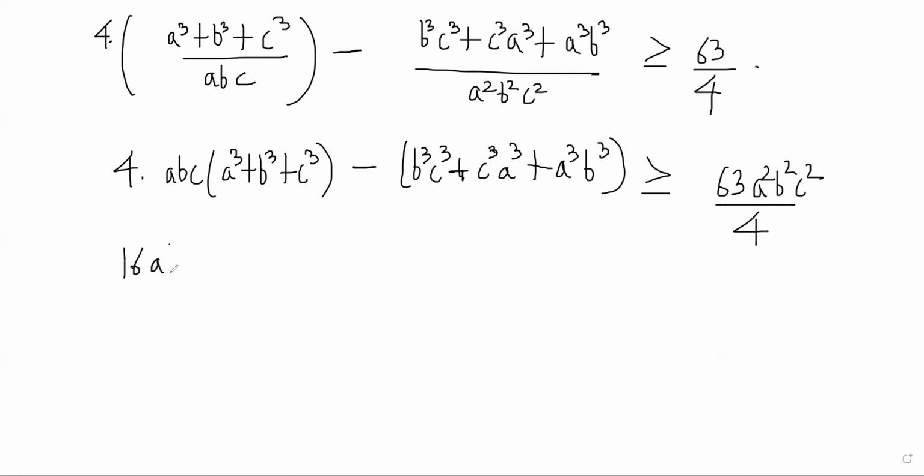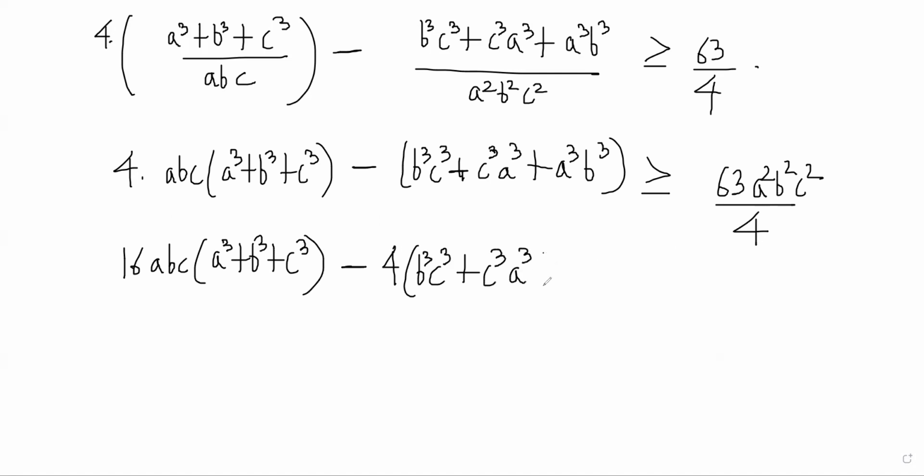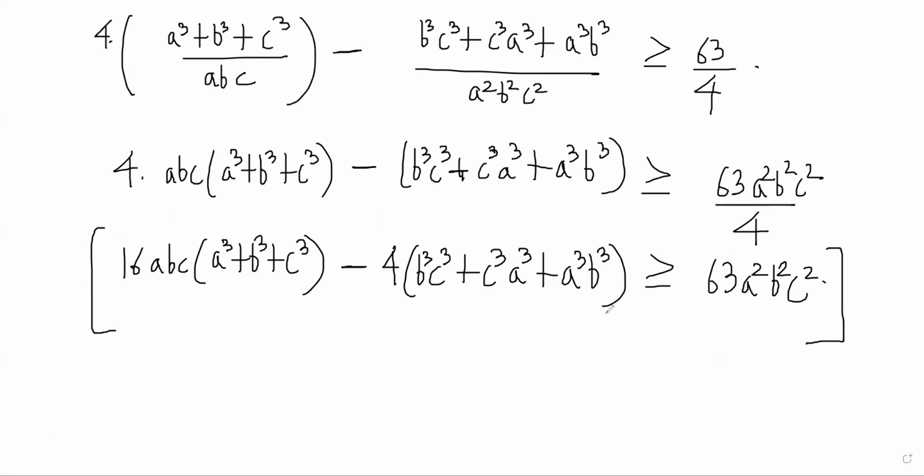You get 16 abc (a cube plus b cube plus c cube) minus 4 times (b cube c cube plus c cube a cube plus a cube b cube) is greater than or equal to 63 a squared b squared c squared. This is what I am getting from the initial condition itself.